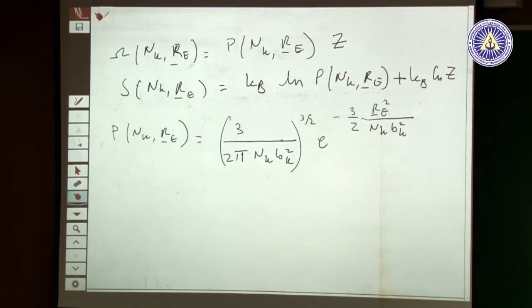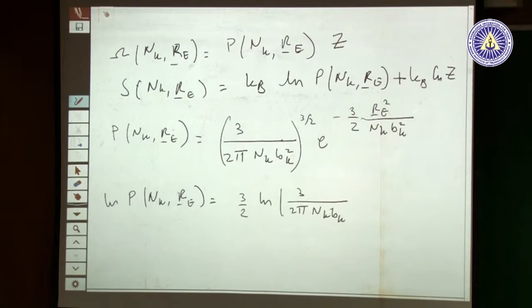The log of P of nk comma Re, again it is the sum of two terms. So, it is 3 over 2 log of 3 over 2 pi nk bk squared, plus, and the log of the exponential is just the exponent, so this is just minus 3 over 2 Re squared over nk bk squared.